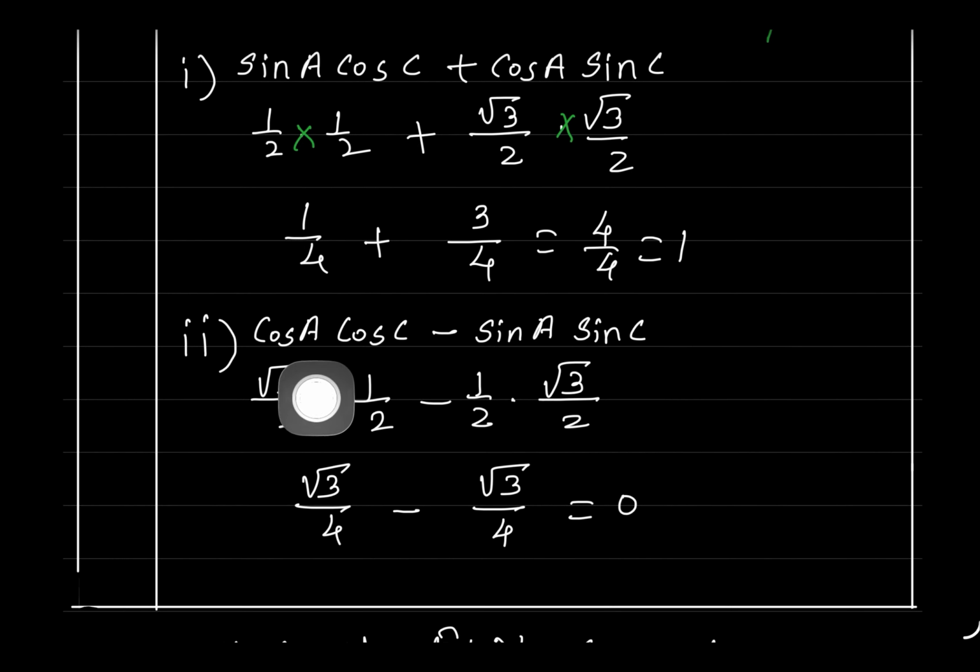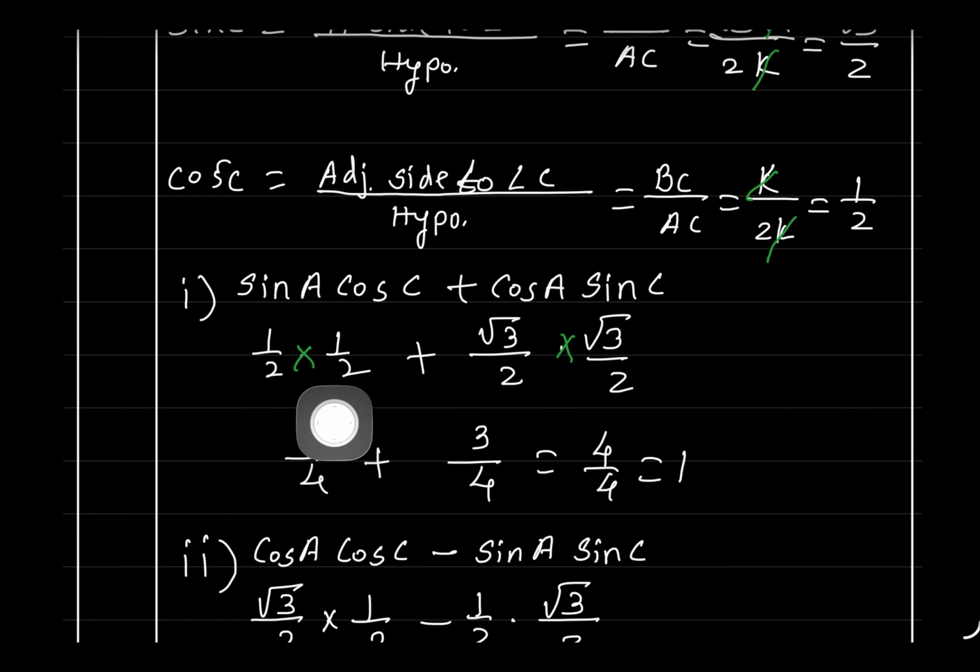Now the second, cos A cos C minus sin A sin C. Very simple, you have to put the values because we know them.